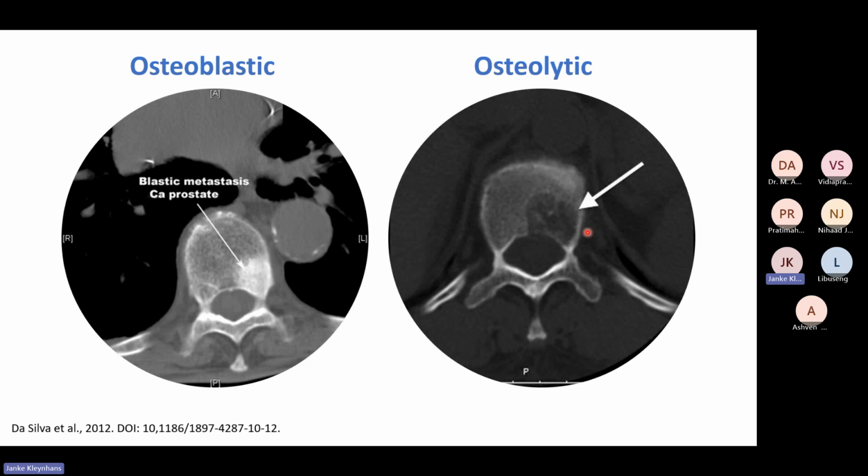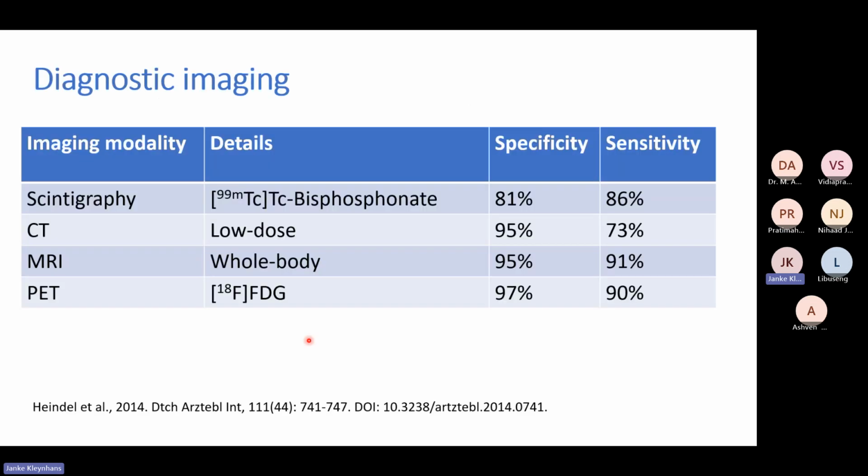Sometimes if you do an MDP technetium scan and you have an area that is less, so maybe there is a lot of highlight around, but then there is a dark spot on your nuclear medicine scan, that would be an indication of an osteolytic lesion. So your osteolytic lesions will be a dark spot and your osteoblastic lesions will be highlighted. So that's how you can also see it. But for traditional ways to see this differentiation, you will have to go for the hybrid scans that will show this. And that's why you have to look at the CT or whatever hybrid scan you are doing.